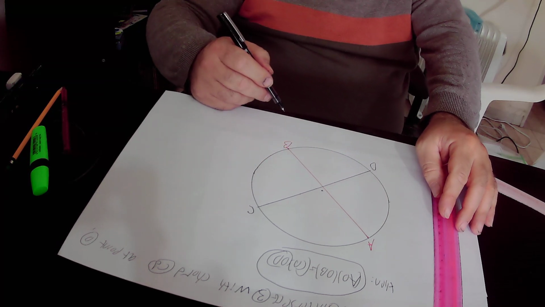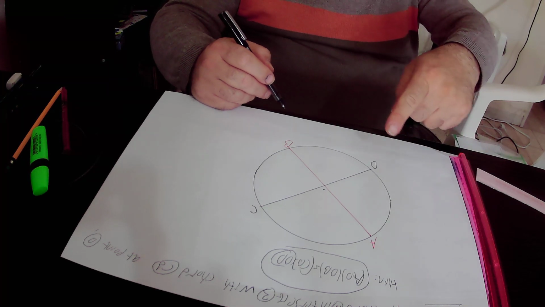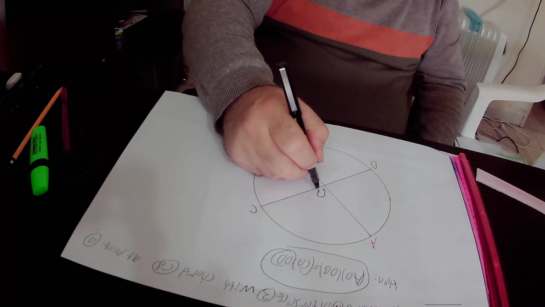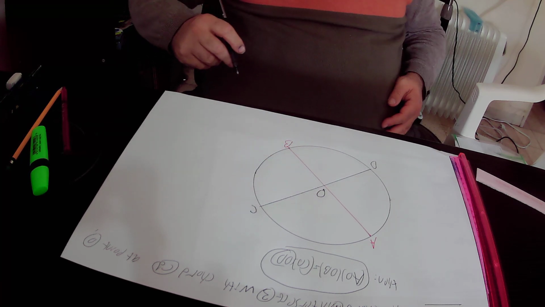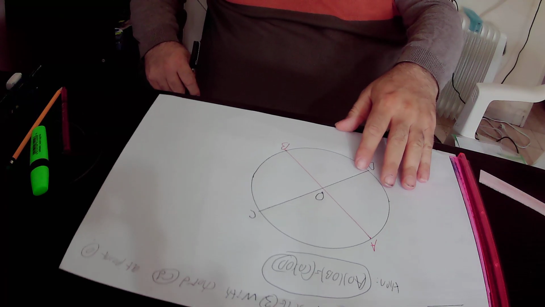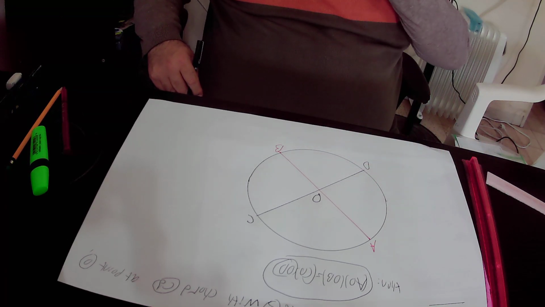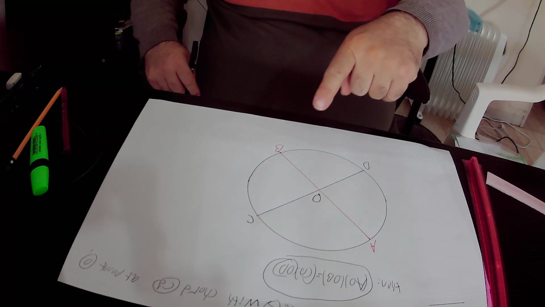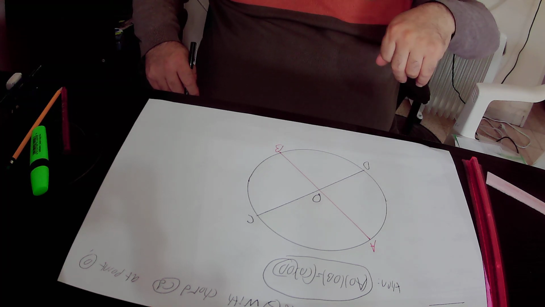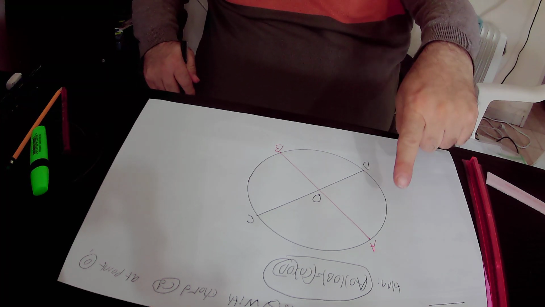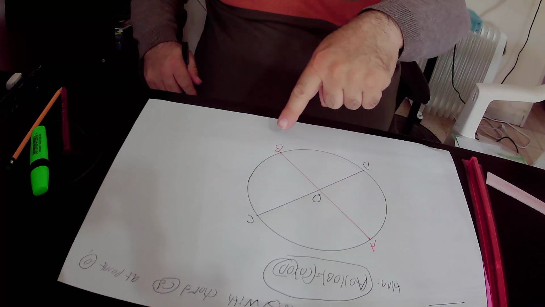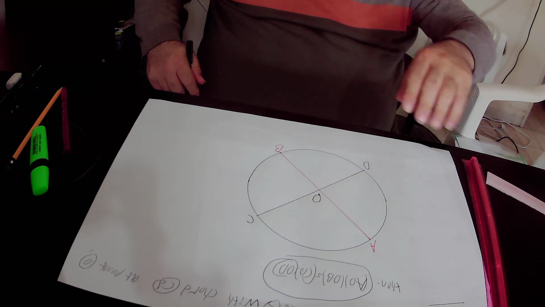And the intersection point between chord AB and chord CD is at point O. So, if this is the condition, that chord AB intersects with chord CD at point O, then the following formula is true: AO times OB equals CO times OD.